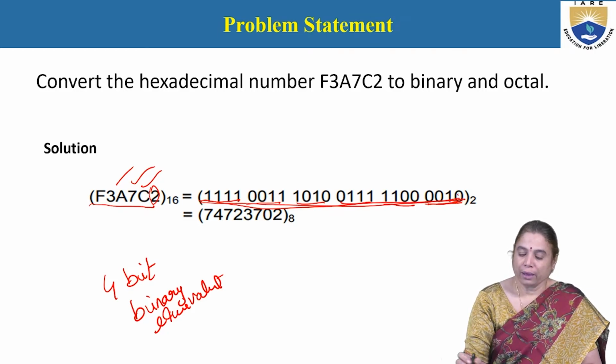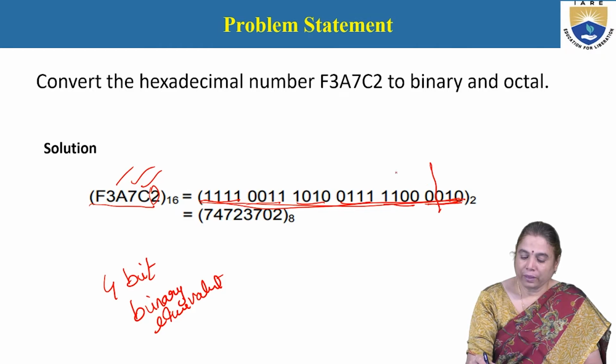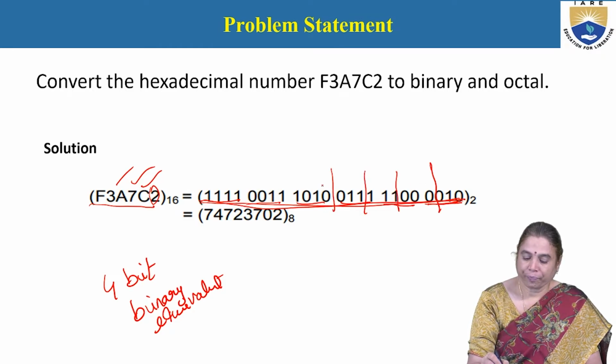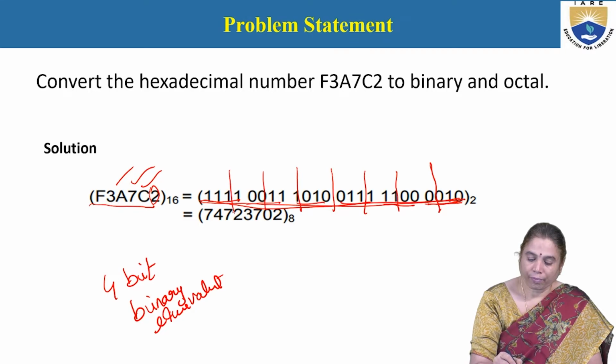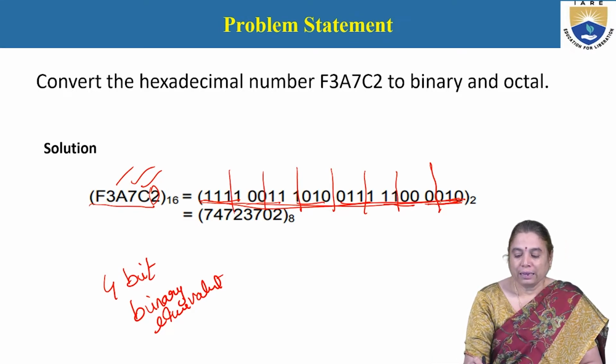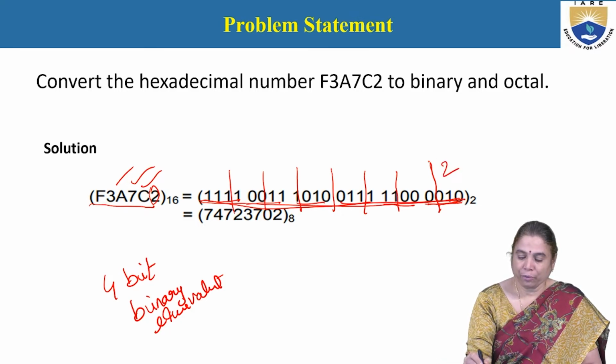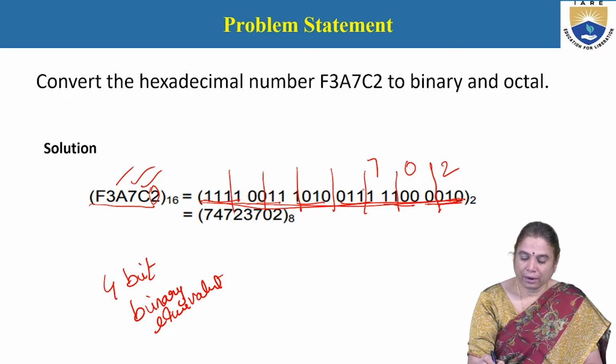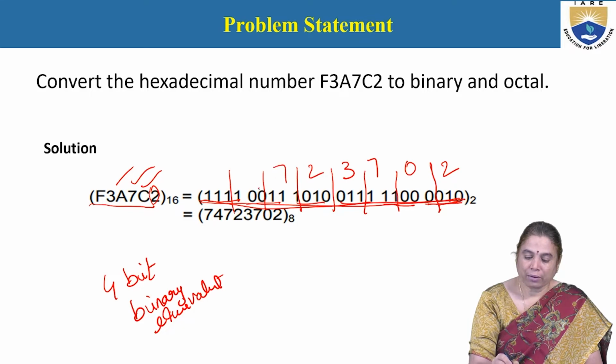That has to be segregated into 3-bit binary groups. Then for each 3-bit group, the exact decimal digit is written in order to get the octal value. So for this it should be 2 for 010, and for 000 it is 0, and for 111 it is 7. Next 011 is 3, 010 is 2, and 111 is 7, 100 is 4, 111 is 7.